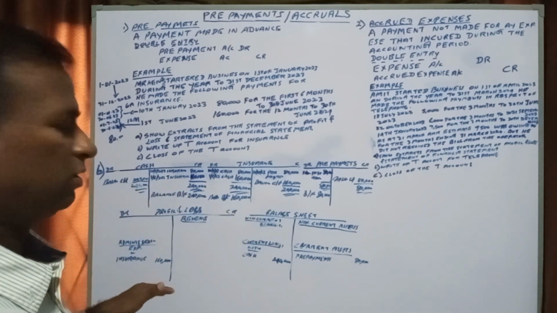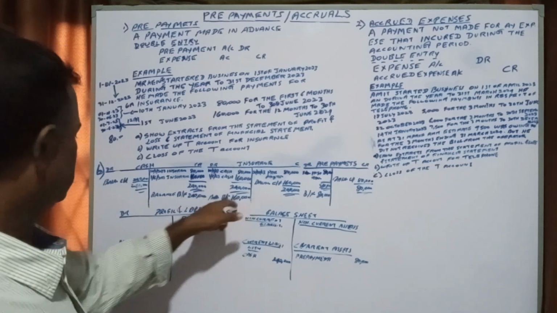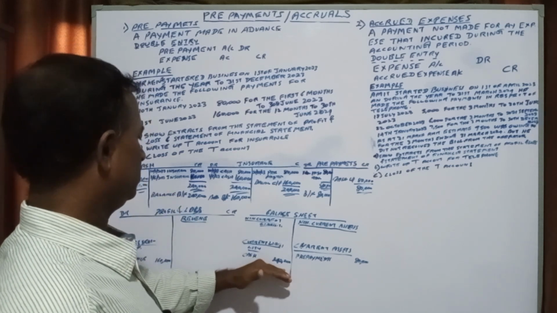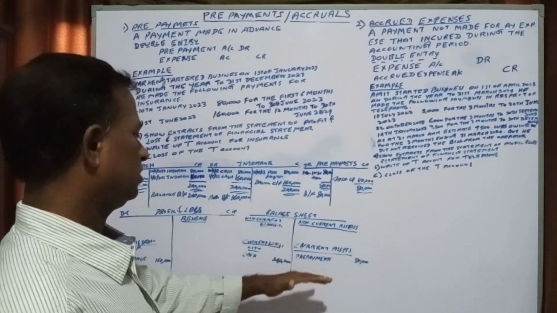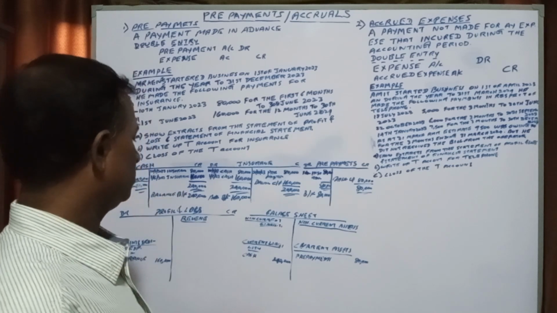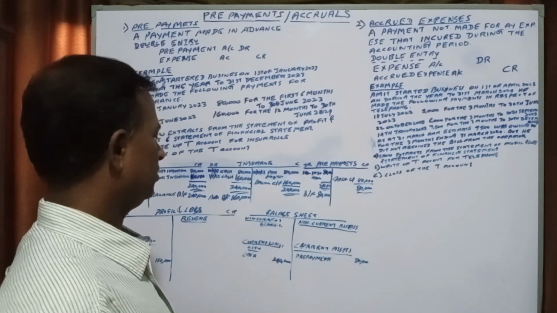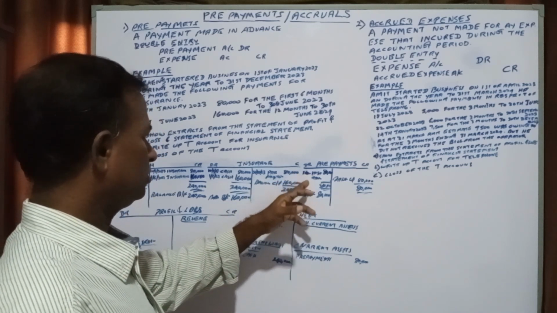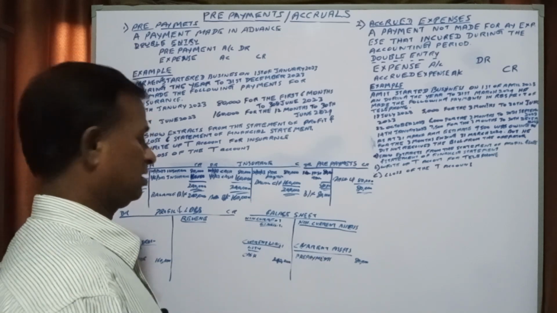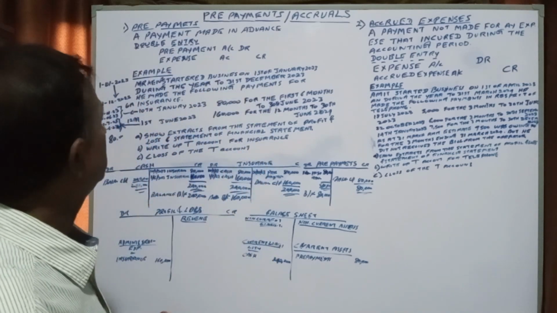In the profit and loss account, we are showing insurance expenses under administration expenses, and the cash account in the current liabilities. Normally it comes under current assets, but here it shows a credit balance, so we show it as a current liability. Insurance prepayment is shown under current assets because it is an asset. So I hope you understand prepayments.